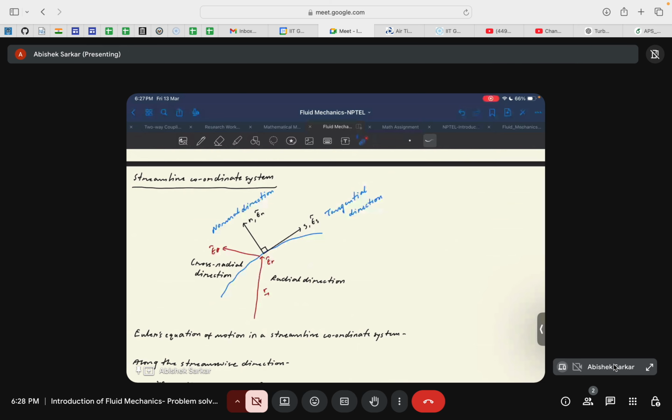So maybe you can look into it in the lectures. I'm really sorry that I'm not covering it in this discussion. I'll just quickly go through the equation today, because we do not have examples related to this topic, and maybe we'll cover some examples in next week's discussion.